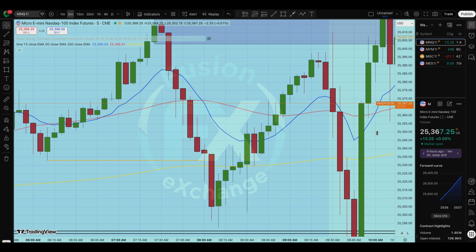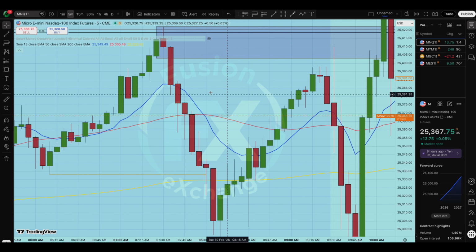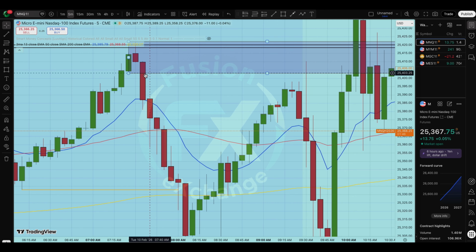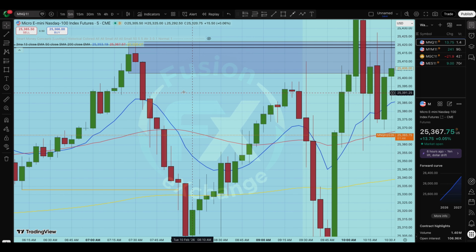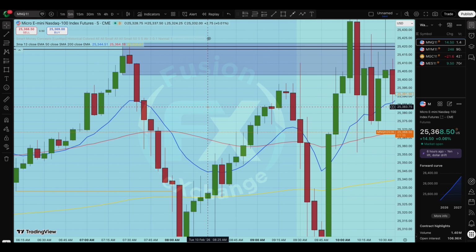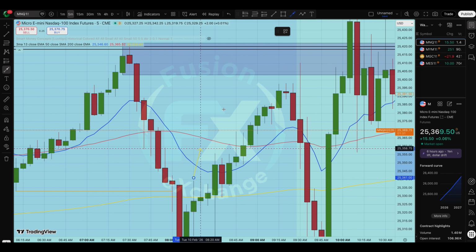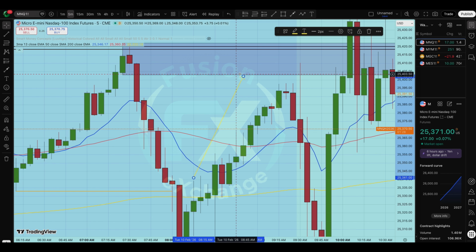At the time, I zoomed in on this so you can see better on Instagram. When the supply formed right here, we did a trend down. You look for supply in a downtrend, demand in an uptrend. So basically now we wait for price to push up and tap the zone. The supply here was from early this morning, before pre-New York.